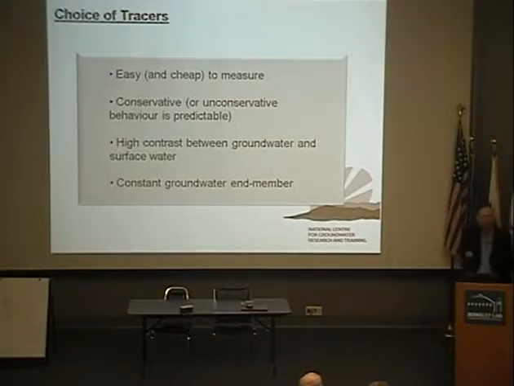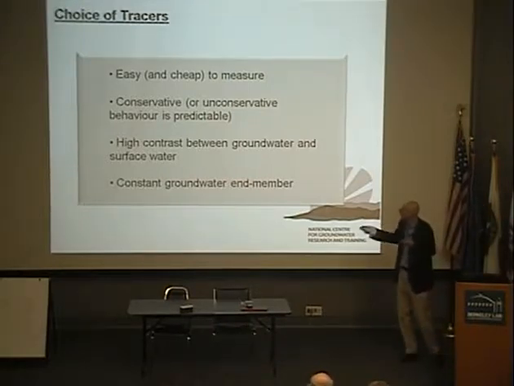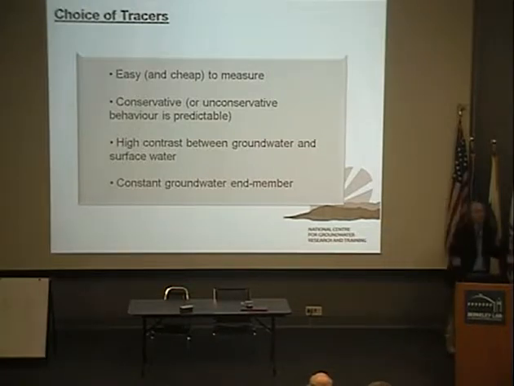But conservative is ideal. You want a high contrast in concentration between the groundwater and the surface water for it to be sensitive. If the groundwater and surface water have the same concentration, it's no use at all. So we need a high contrast in concentration, and we really want a groundwater end member that's as constant as possible.